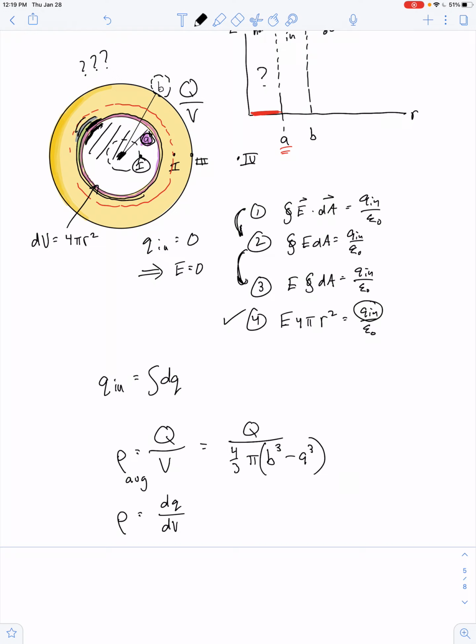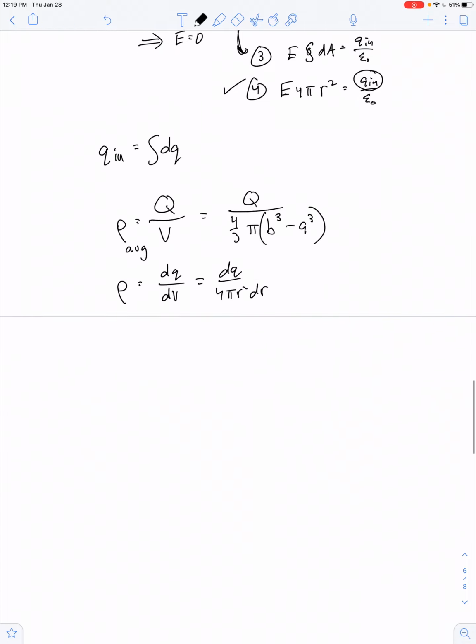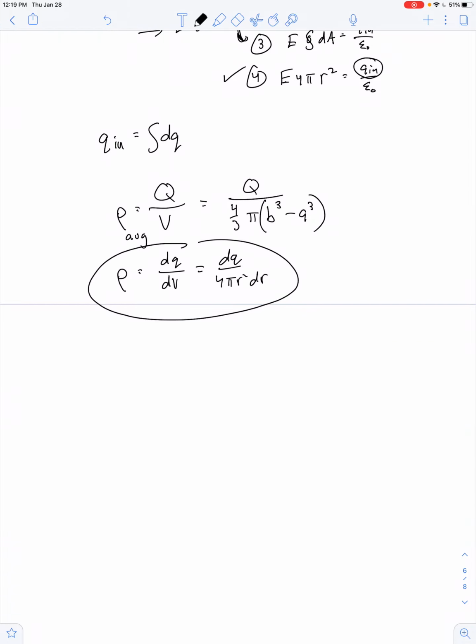Well, because it's so thin, that's the same thing, but that area is projected through a thickness of dr. So there we go. dV is 4 pi r squared dr. Or, in other words, if I take this mathematical expression and cross-multiply, dq is rho 4 pi r squared dr. That's exactly what I'm going to do to substitute into this formula.